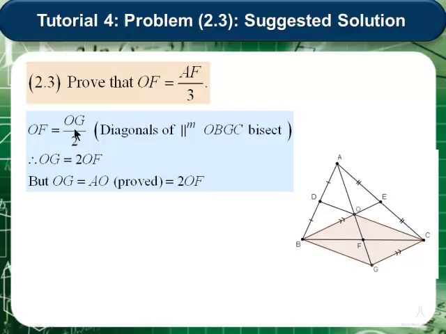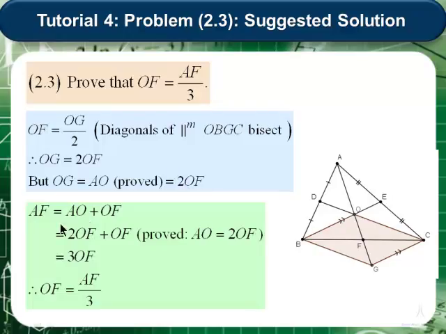Or if we cross multiply, we can say that OG is twice OF. But we've proved earlier that OG is the same as AO. So therefore AO is also equal to twice OF.